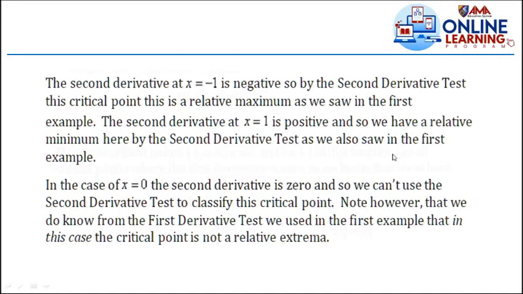In the case of x equals 0, the second derivative is 0, and so we can't use the second derivative test to classify this critical point. Note, however, that we do know from the first derivative test we used in the first example that in this case, the critical point is not a relative extrema.